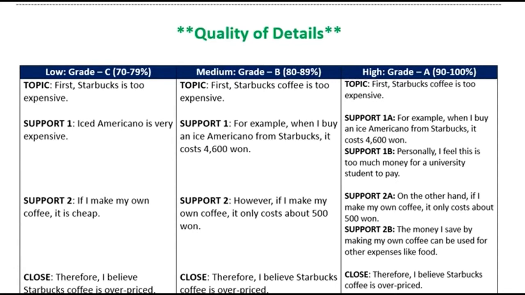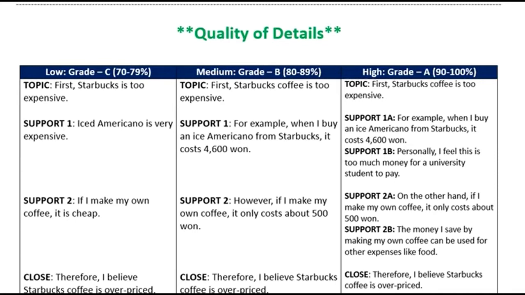Now, let's look at a very nice high grade A essay. Okay, here's my topic. First, Starbucks coffee is too expensive. Support 1A. For example, when I buy an iced Americano from Starbucks, it costs 4,601.